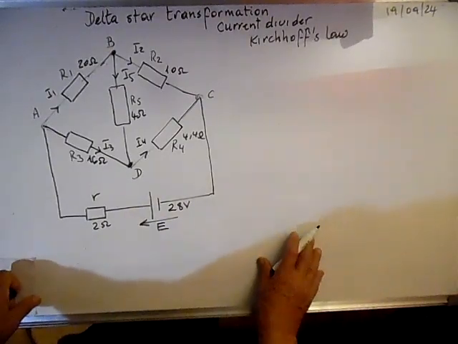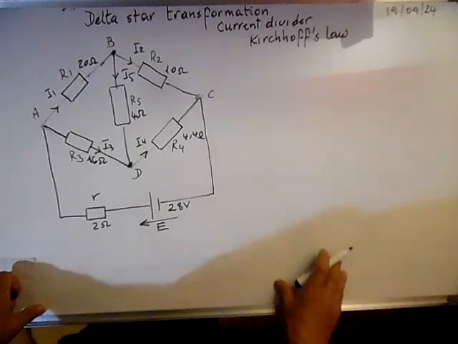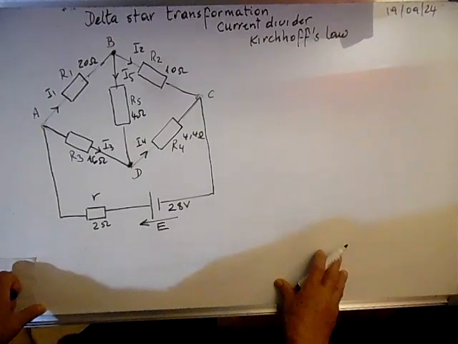Okay, here I think we can use the mesh analysis to calculate the current, but here we will have three equations with three unknowns if we take the mesh currents. But here we are going to use a different step. Here we have to transform.